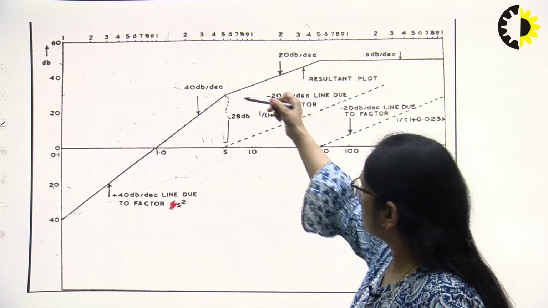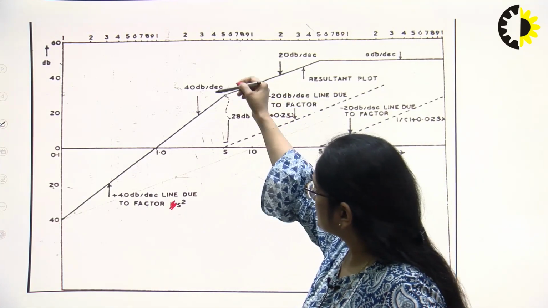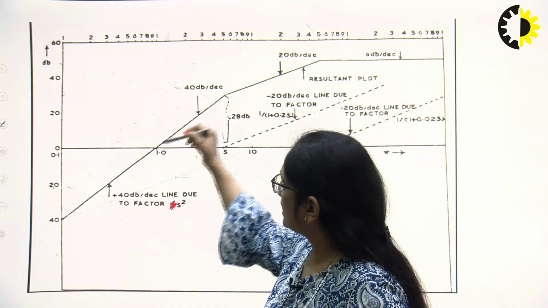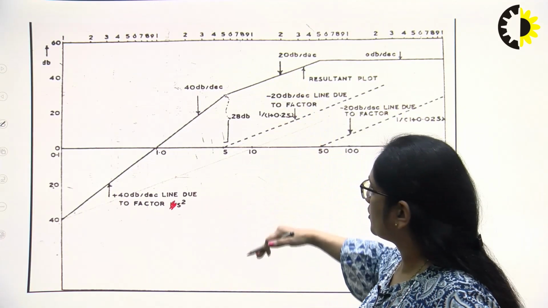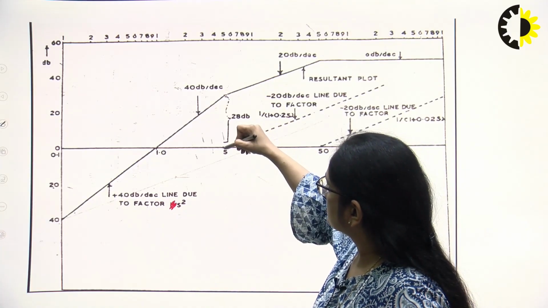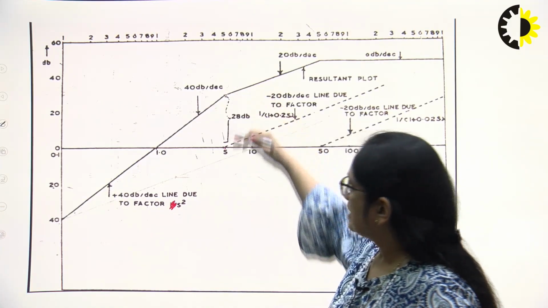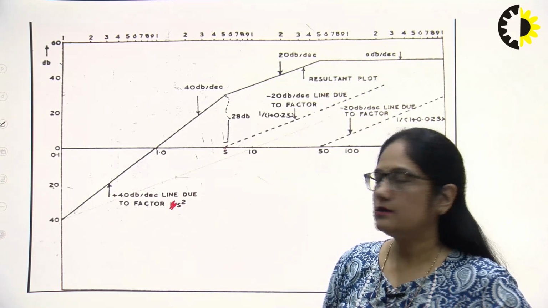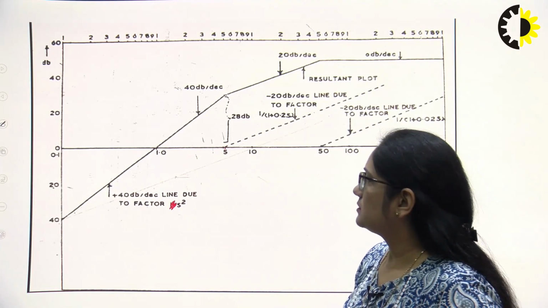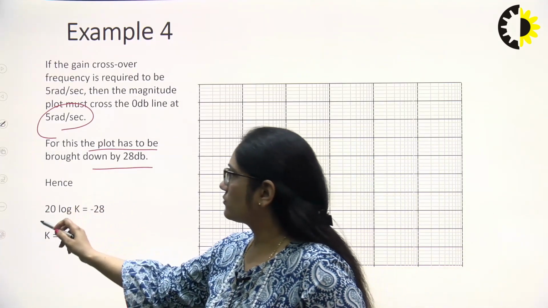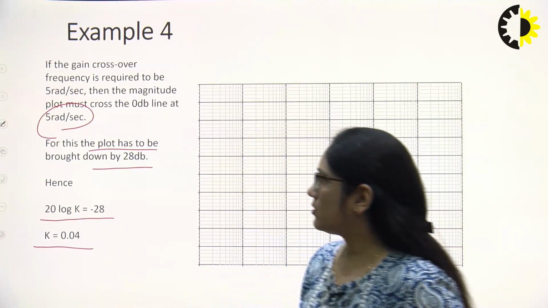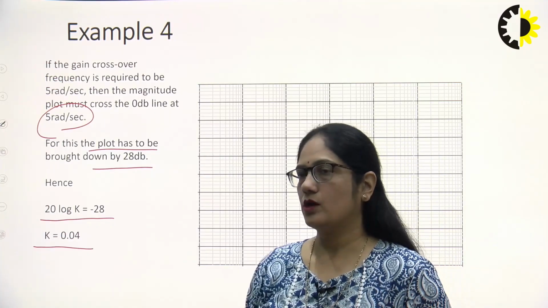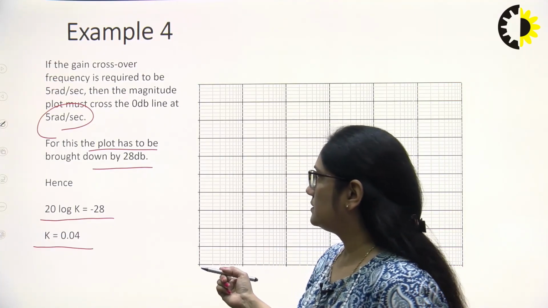It is crossing at 1, but if it has to cross at 5, that means the entire plot has to be brought down, so this point becomes here. It has to come down by at least 28 dB. Hence, what would be the value of K? 20 log K is minus 28. Therefore, K will be 0.04.